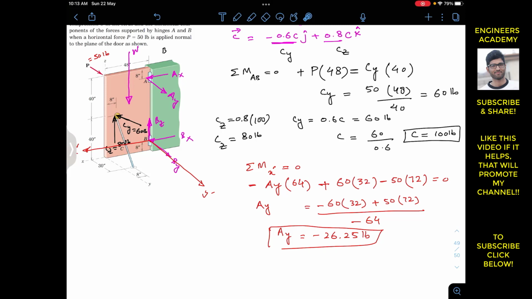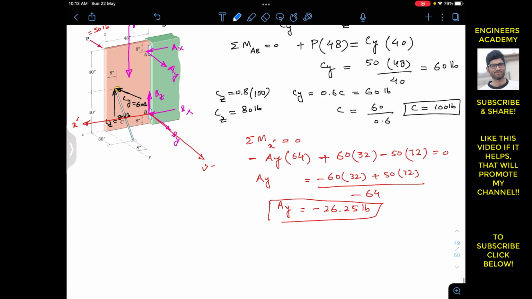Now to find the AX reaction, we are going to apply the summation of moment about the Y dash axis, that must also be equal to 0. So let me write that the summation of the moment about the Y dash axis is equal to 0. Remember that since we are finding the moment about the Y dash axis, all the components that are parallel to the Y axis are not going to come into our equation.